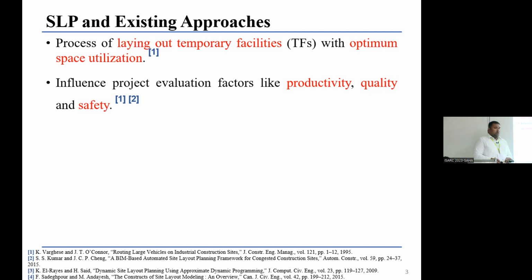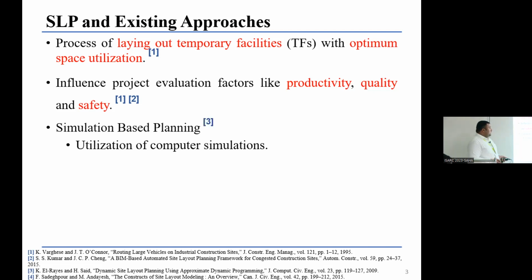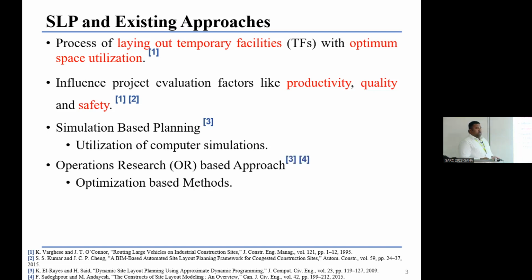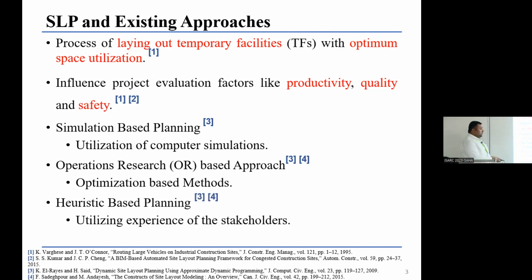The existing research highlights that simulation-based planning is a somewhat sophisticated method to handle this problem, along with optimization-based approaches. But in existing practice on construction sites, people generally resort to heuristics, where they employ the experience which they have gained over past projects.